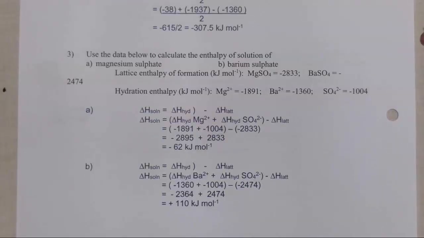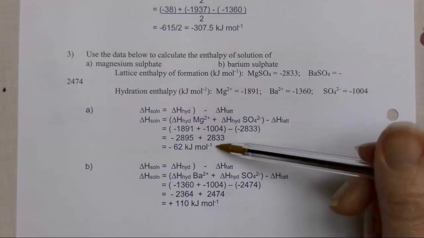What this also allows us to do is to show the trend in solubilities, because we can now work out the enthalpy of solution for different sulfates, for example, going down group 2. So you should remember your trend in solubilities is the sulfates become less soluble going down the group. We can now see why that is from a physical chemistry point of view.